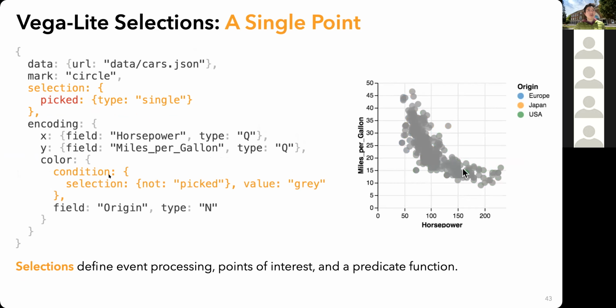So you can say selection when picked, the type of the selection is called single because we only want to pick one circle at a time. And you say condition when selection is not picked, the value would be gray. So what this does is it changes everything to gray and only has a color when the node is selected.